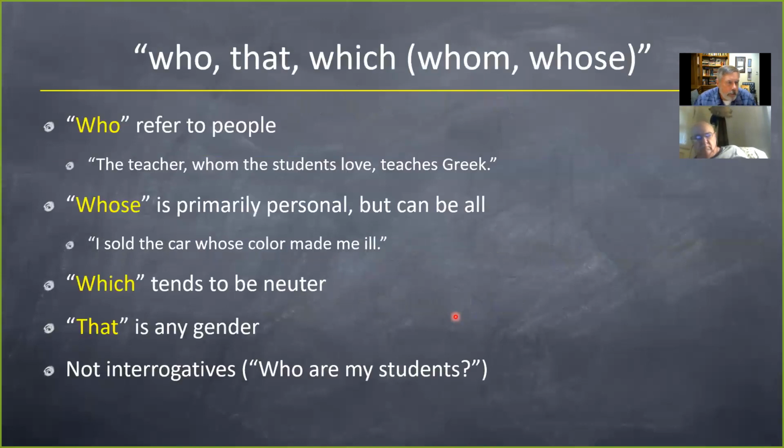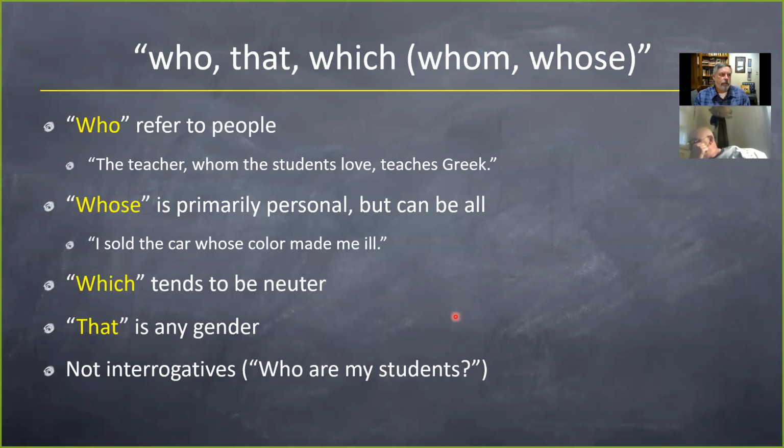When we talk about a relative pronoun, our translation is really who, that, or which. Now, who could be whom or whose to be grammatically correct, but we're talking about who, that, or which, and that's our translations. Who refers to people in English. We understand that. The teacher whom the students love teaches Greek. Well, whom the students love is the phrase that's referring to the teacher.